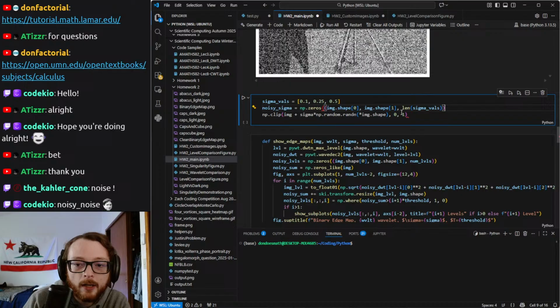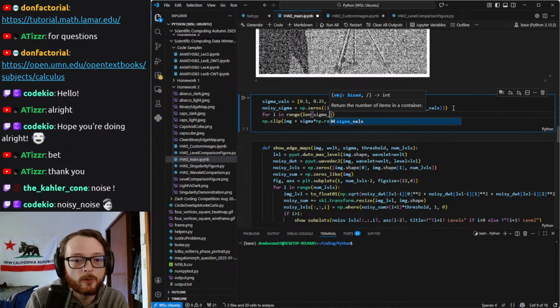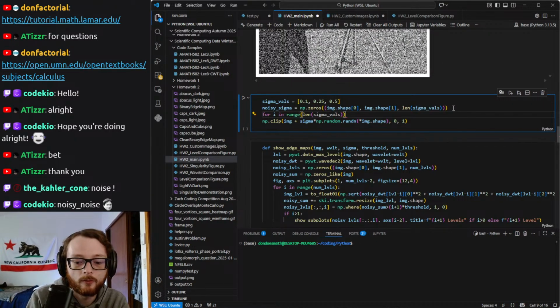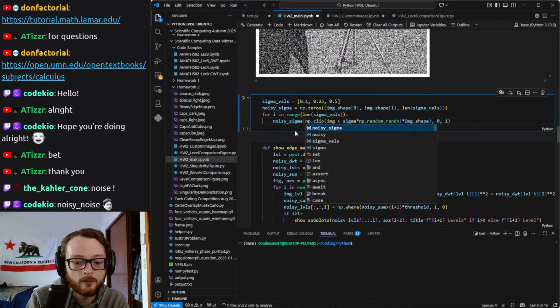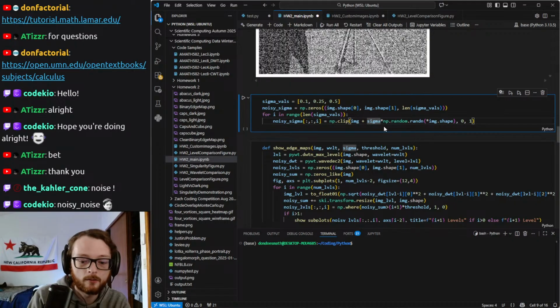For i in range length sigma vals, noisy sigma i is equal to sigma vals of i.